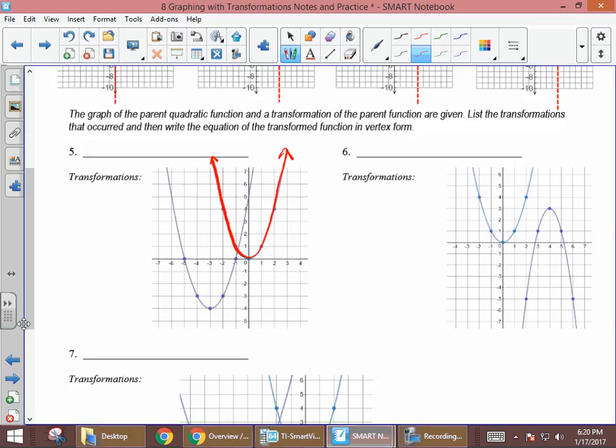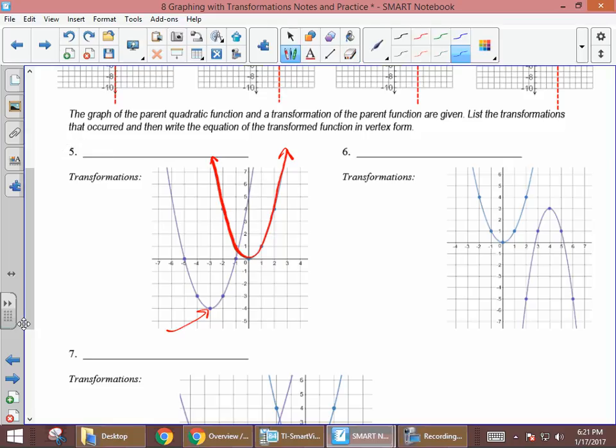So the transformations, well, what's it say it wants us to do first? It wants us to write down the equation, let's see, of the new one. Yeah, it looks like they want us on this graph to write that equation, which would be easy. Y equals, well, let's do it in a different color so it matches the graph.